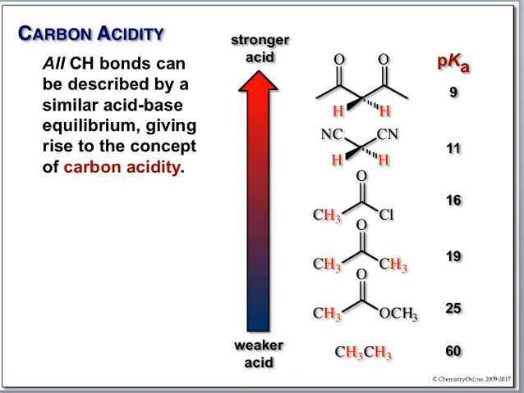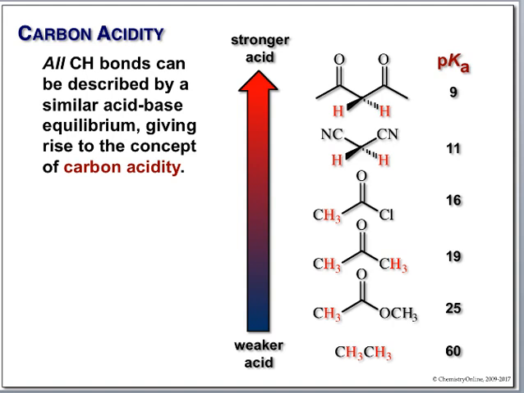If you start down here with something like methane, the pKa of the hydrogens on ethane is about 60. Really, really, really basic. If we put electron withdrawing groups on here, we have a carbonyl, an ester group. These CHs drop down to in the 20s. We just did ketones at about 19.